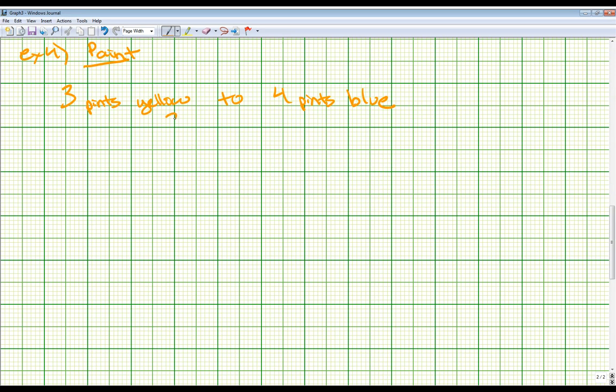So our ratio here would be 3 to 4. 3 represents the yellow, 4 represents the blue. And then it also tells us that we use 10 pints of blue. And the question is neither yellow or blue. The question is asking us, how much green paint do you make?